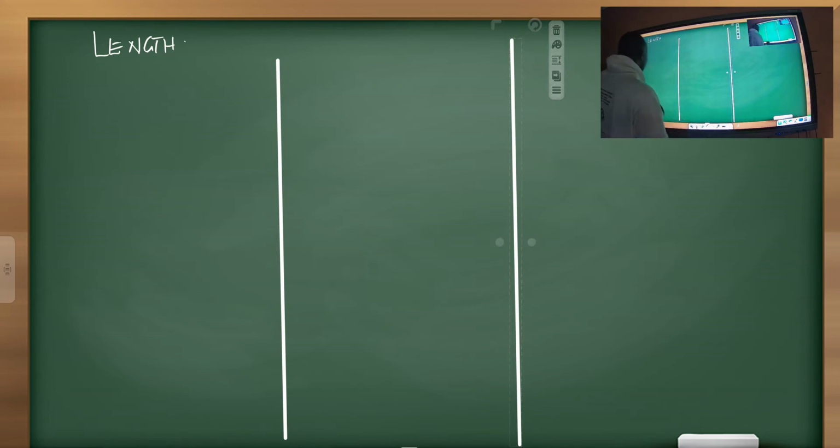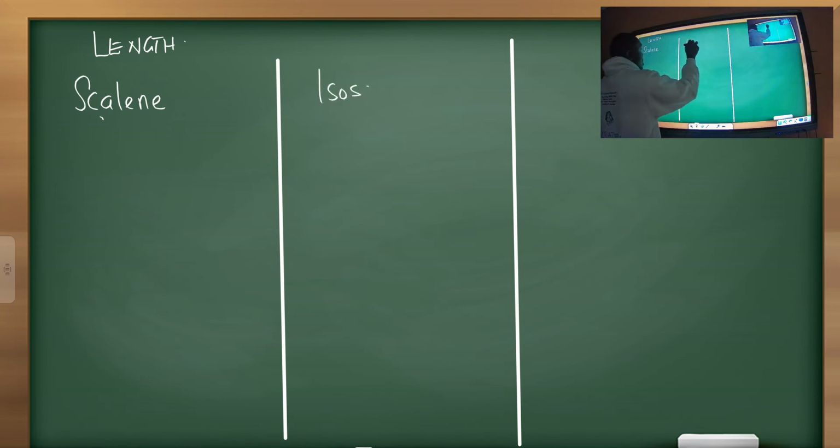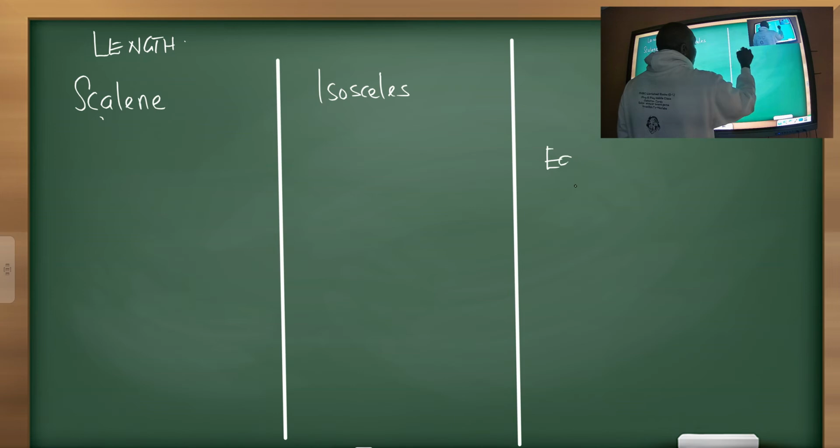The first one we will talk about is a scalene triangle. Then we'll talk about an isosceles triangle. And then here we'll talk about an equilateral triangle.